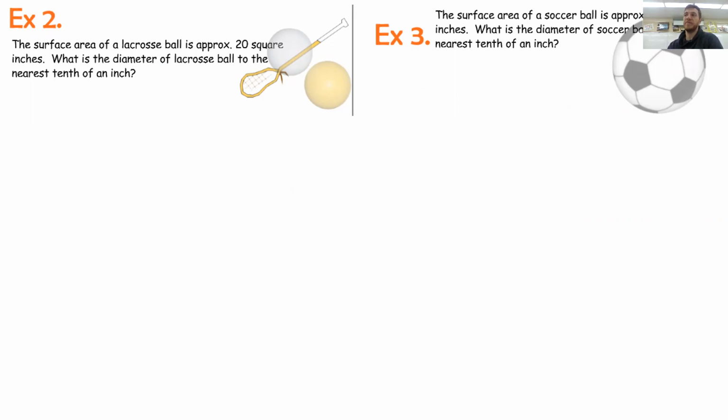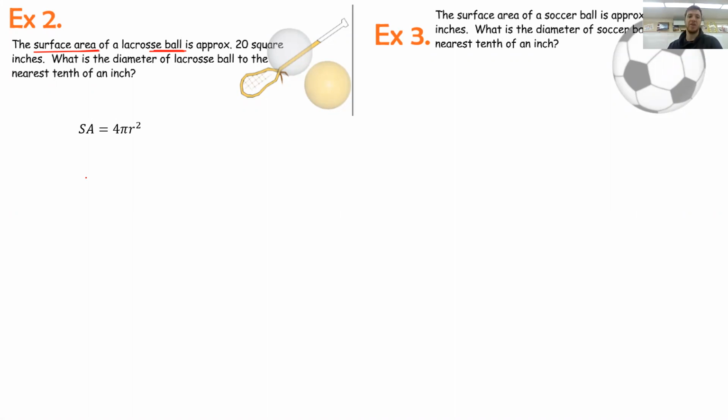So a lacrosse ball is just another ball. And what is the shape of a ball? It's a sphere. So we are doing the surface area of a sphere.